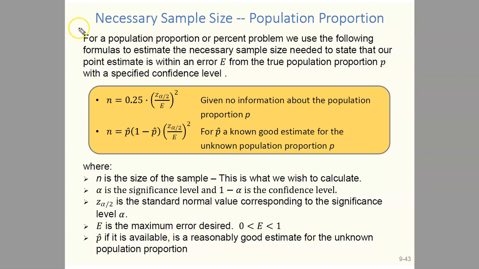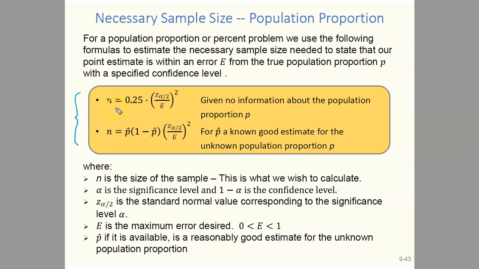Now we're going to take a look at how to determine necessary sample sizes for population proportion problems. For a population proportion or percent problem, we use these two formulas here to estimate the necessary sample size needed to state that our point estimate is within a certain error E from the true population proportion P with a specified confidence level.